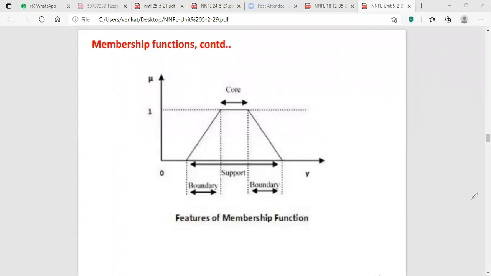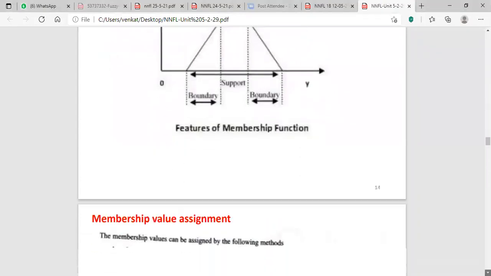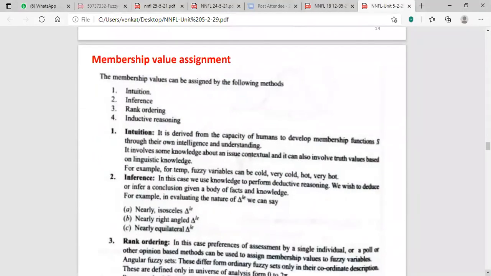Okay, next we have membership value assignment. The membership value assignment can be done by the following methods: intuition, inference, rank ordering, inductive reasoning.